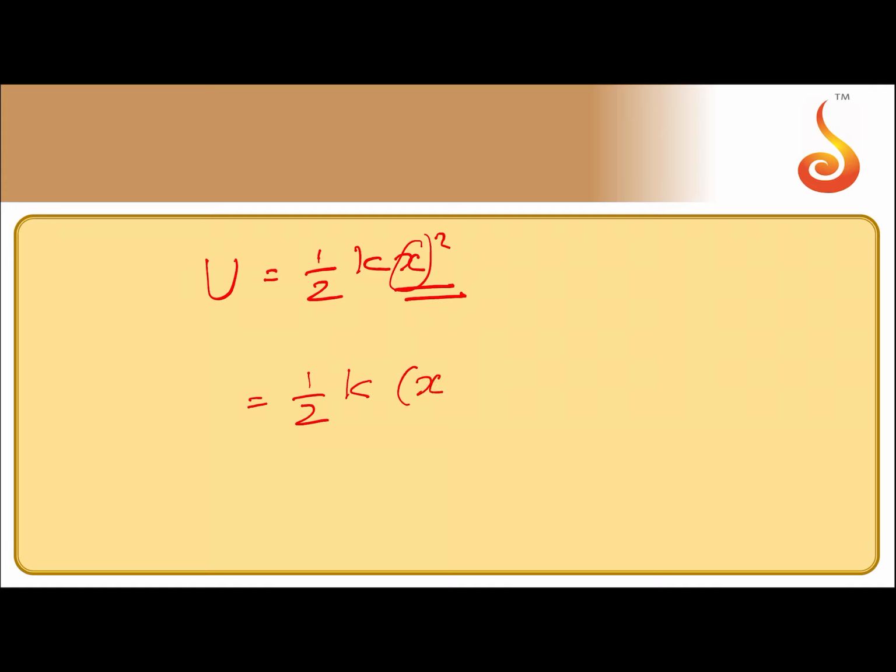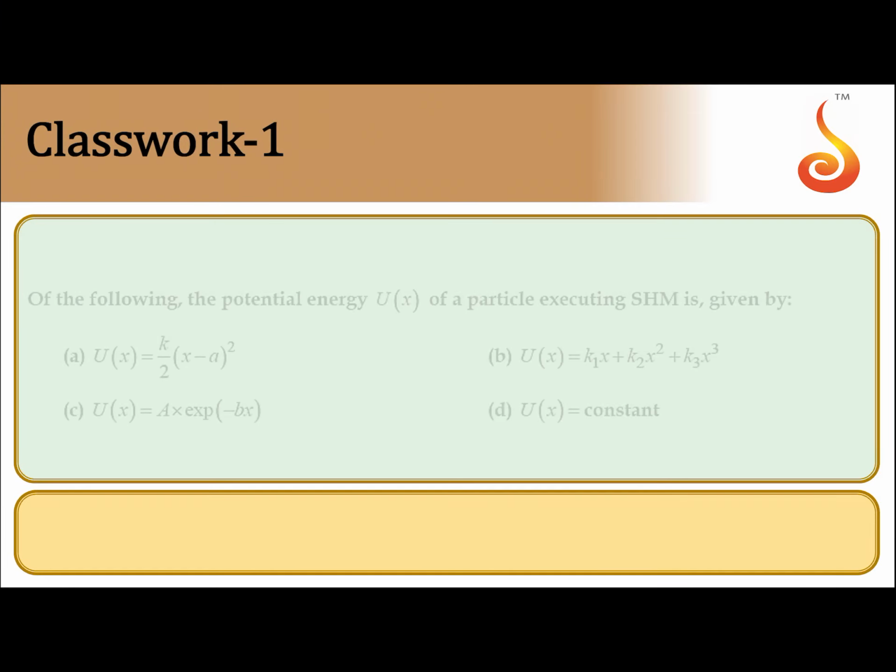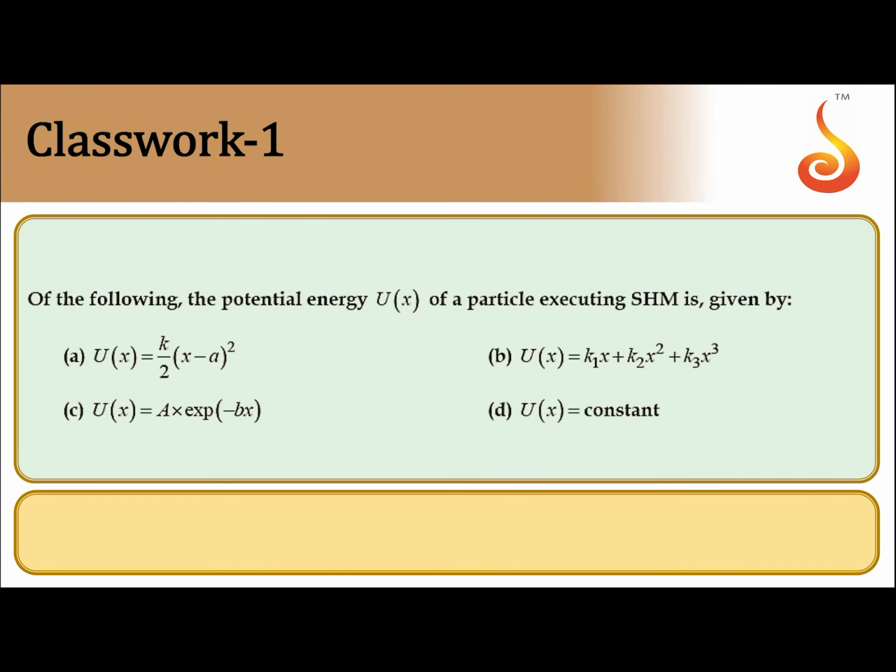So this can also be written as something like half k into x minus another constant n, or something like that. So x minus n whole square. So any function which is of x minus some constant square represents potential energy, and A is our correct choice.